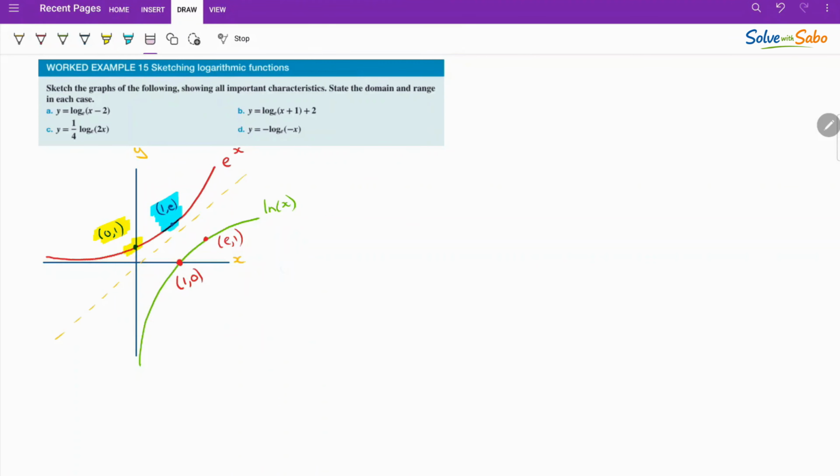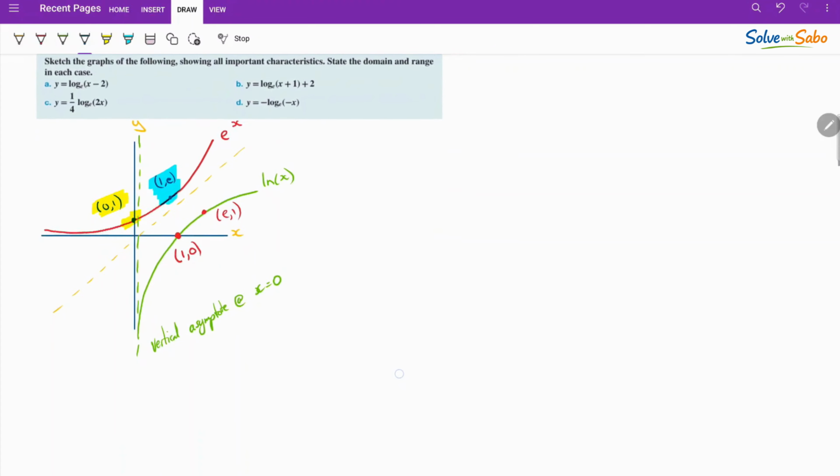Now, because we are a log and that's all been flipped across that dotted line, what we now have instead is a vertical asymptote at x equals 0. So the exponential would normally have a horizontal asymptote at y equals 0, but this gives the perfect 45-degree mirror image of an exponential. So let's get into graphing.